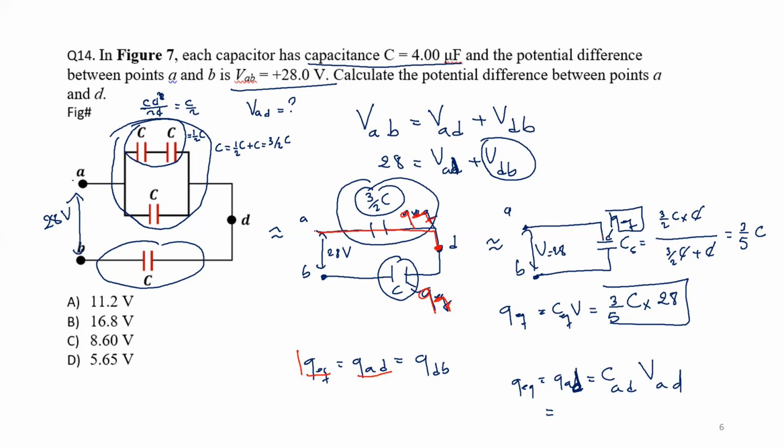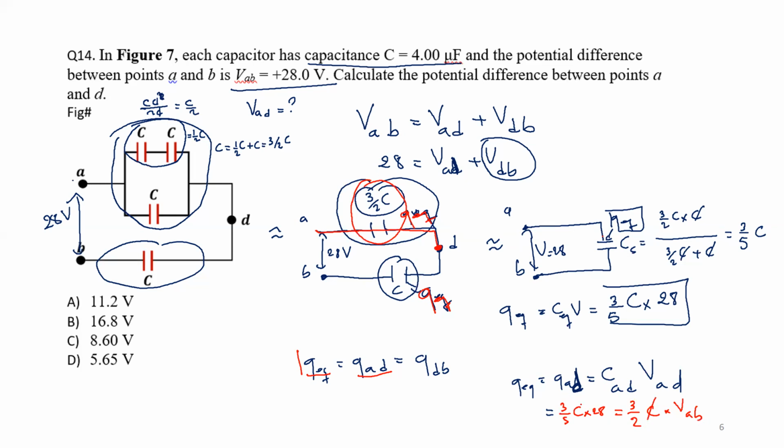Now, I want the voltage between A and D. So I will be using QAD is CAD multiplied by VAD. So QAD, I already know it's Q equivalent. It's 3/5 of C times 28. This is CAD. What is CAD? It is the equivalent capacitance here, which is just 3/2 of C. We already calculated that. Multiply by VAD, which is my unknown. So now let's get VAD.